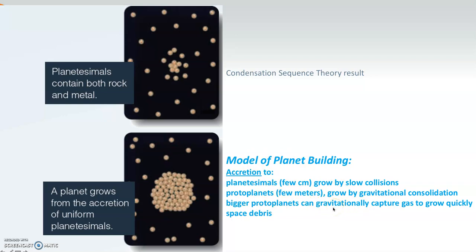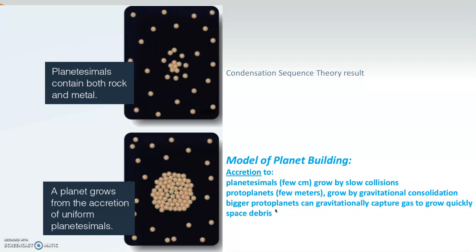And this model also extends out to a bit of the Jovian planets and the gas. Because if you had a bigger protoplanet that instead of maybe a few centimeters, maybe it was a few meters, it could start to capture gas when it is to the point when it is about 10 Earth diameters.